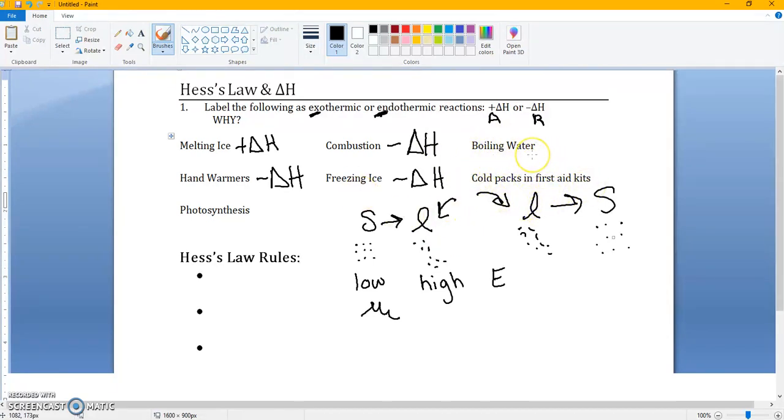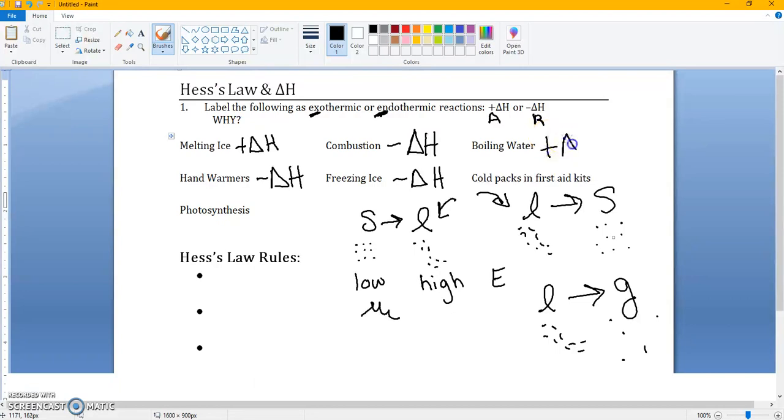Boiling water. Now boiling water, when I have the heat, it feels hot. But you have to think about what's happening at the molecular level. A liquid is turning into a gas. So we have energy into a whole lot of energy, right? Which means that my liquid has to absorb energy to turn into a gas.